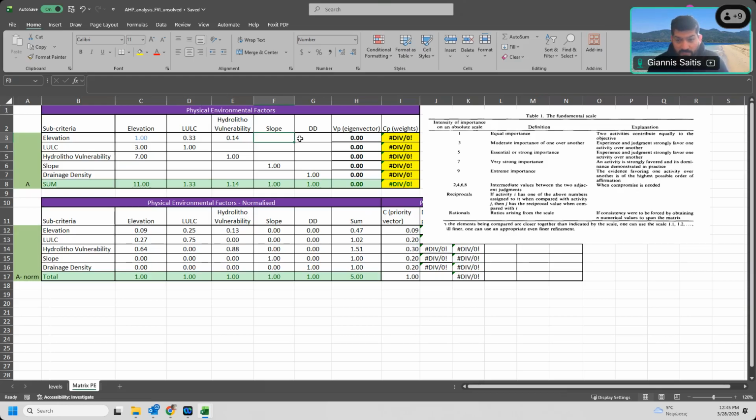Also, elevation means smaller rivers. In higher elevations, you don't have very big rivers, you have smaller rivers. And the slope is generated from the elevation. I would say slope is more important. Good. How much? 7 again. Much more important.